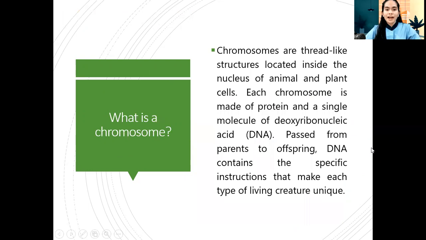The chromosomes actually are thread-like structures located inside the nucleus of a cell. So when we say chromosomes, they are located inside the nucleus of the cell. Okay? And not only in an animal cell, but they are also in plant cells. Right? So each chromosome is made of protein and a single molecule of deoxyribonucleic acid.